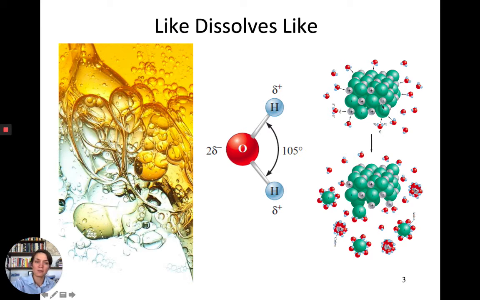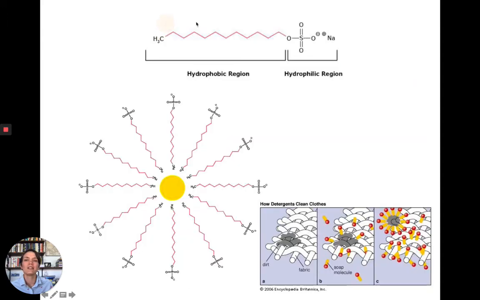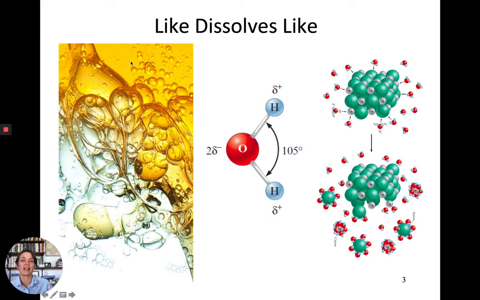We have our sodium chloride. It has a difference in charge in it. Water can completely dissolve it. Here, that's not going to happen. So water is the universal solvent, but you need to always be keeping in mind that like dissolves like, right?